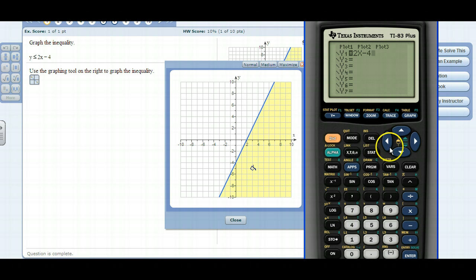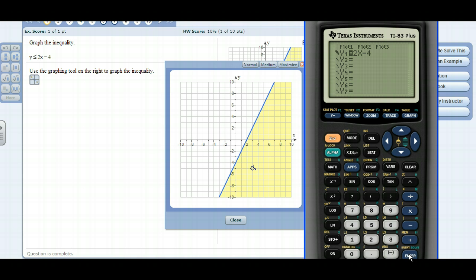But then after you've got it typed in, come over here beside the y1, this little thing that tells you what it's going to do. Right now it's just going to plot it with a line. But if we want it to shade above or below, depending on the order symbol, we have to tap the enter button a couple times.